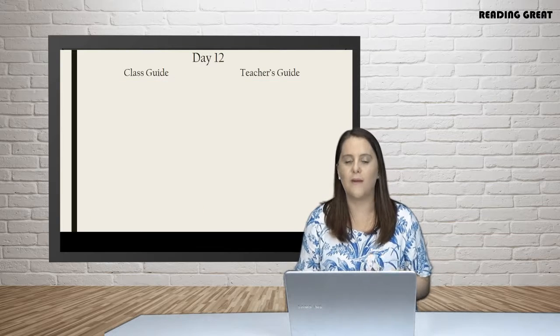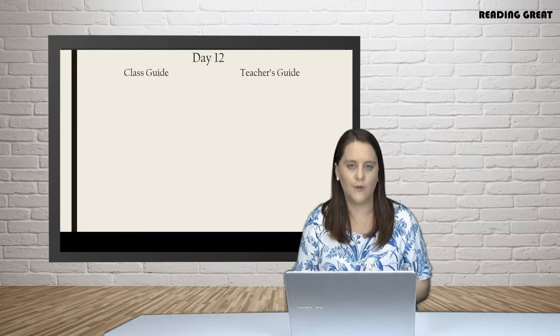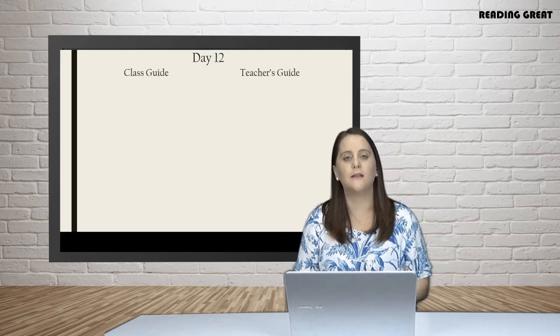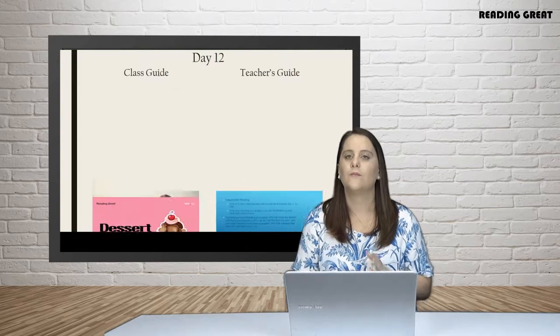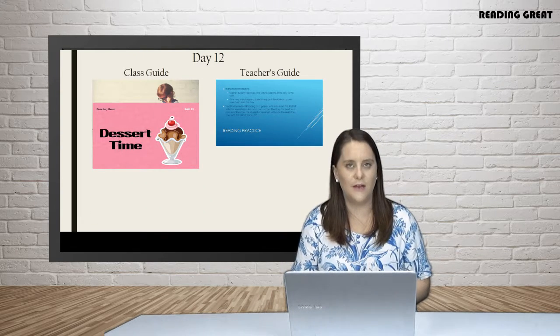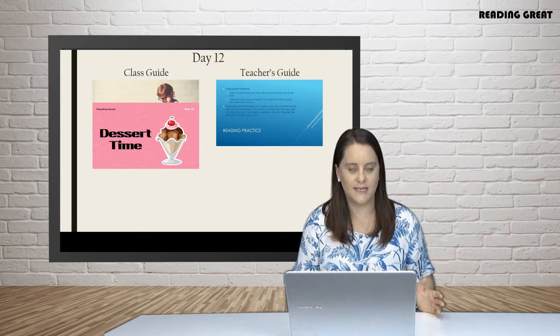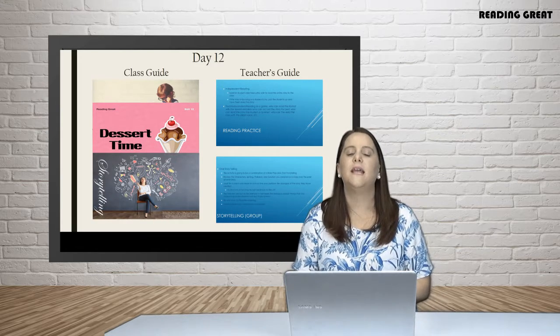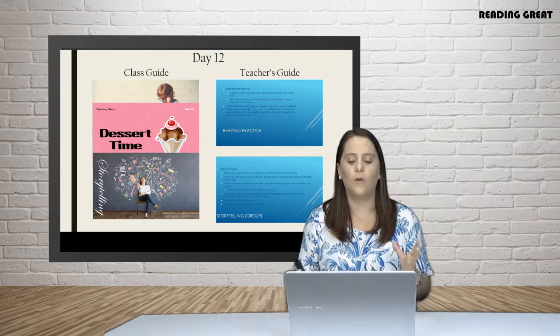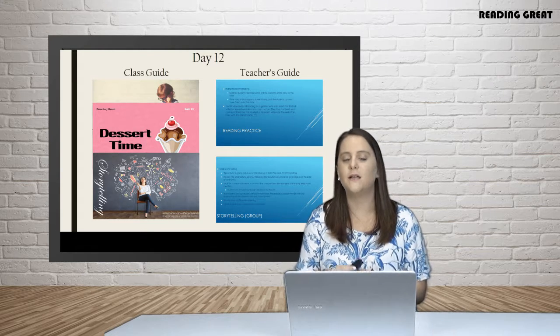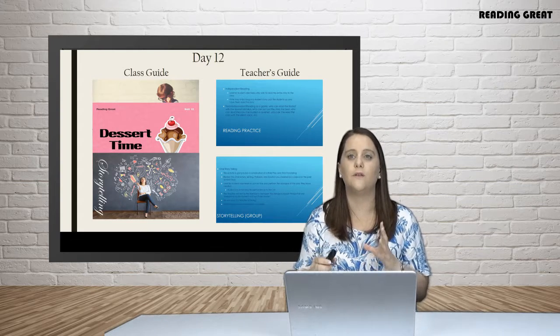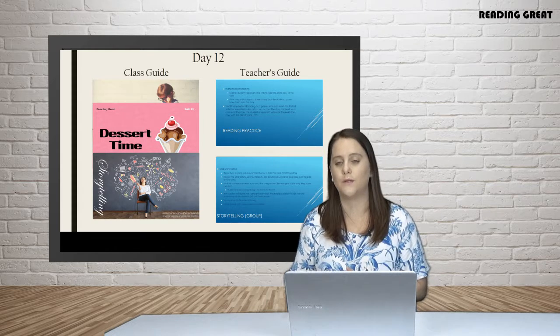Now, let's talk about the last day, day 12, of Reading Great Level 2. Again, independent reading, just like I explained on day 10. Day 12 is called oral storytelling. This activity is going to be a combination of role play and oral storytelling.